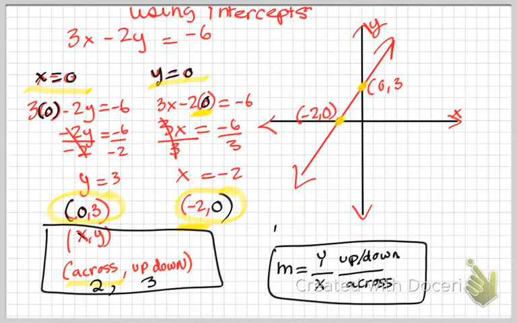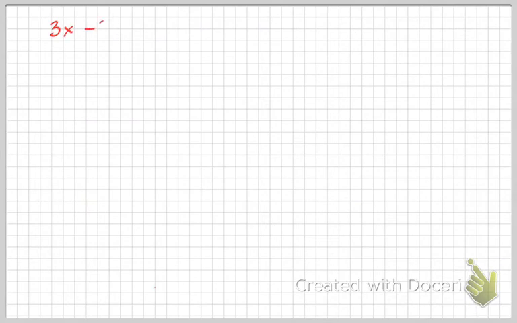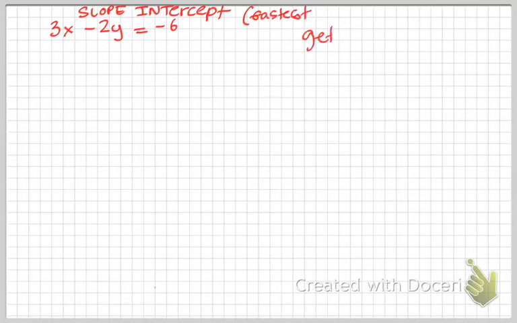All right, so the second method of graphing was using slope-intercept. My personal favorite, it's fastest in my mind. So with the slope-intercept method, basically what's our goal? Get y alone, isolate the y, and then find our slope and our y-intercept, our m and our b.